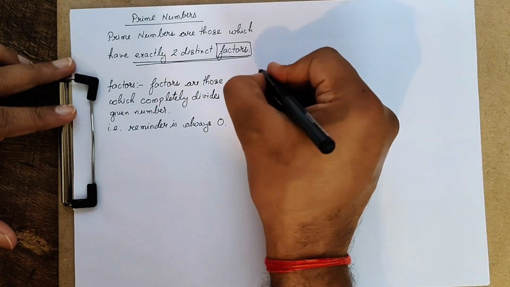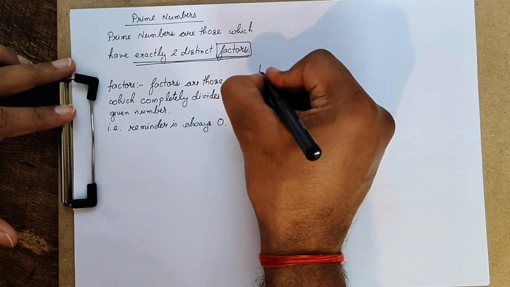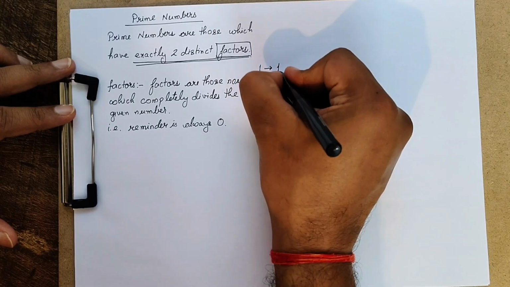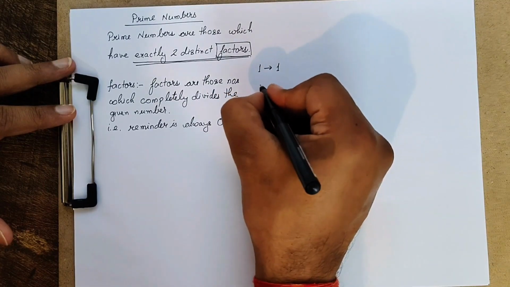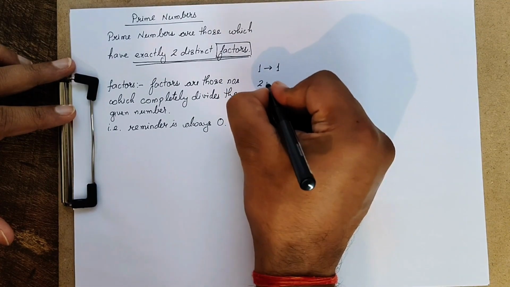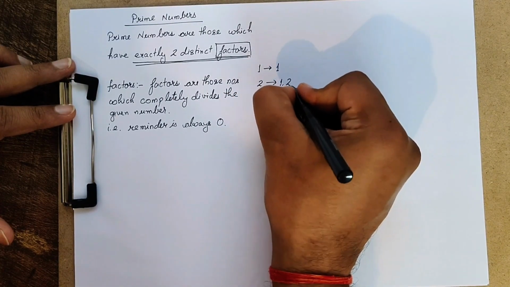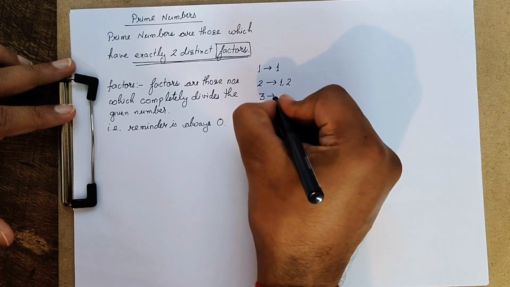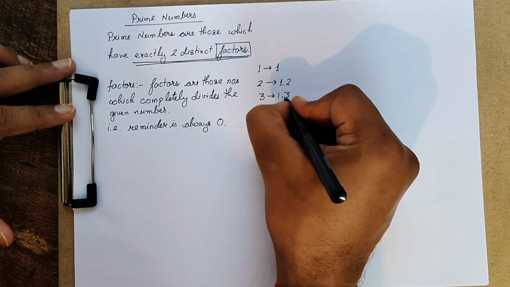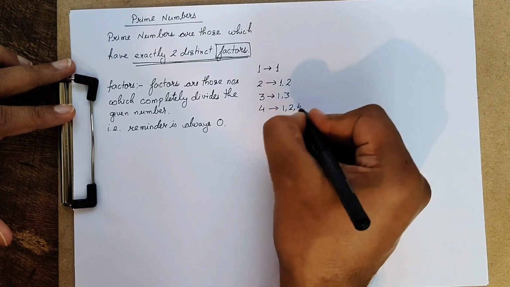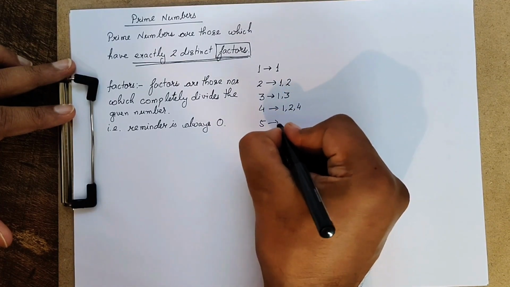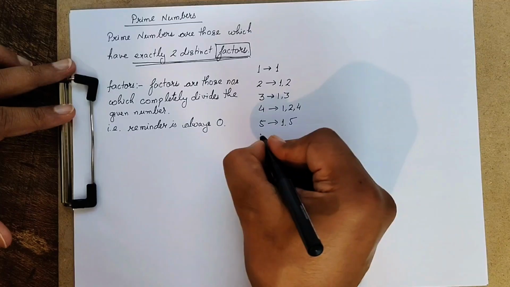So let's see a few examples. What is the factor of 1? Factor of 1 is 1, because 1 is divisible by only 1 with remainder 0. Factors of 2 are 1 and 2. Factors of 3 are 1 and 3. Factors of 4 are 1, 2 and 4. Factors of 5 are 1 and 5.